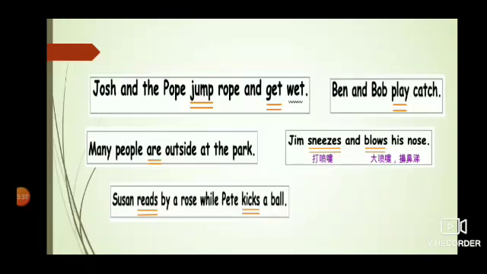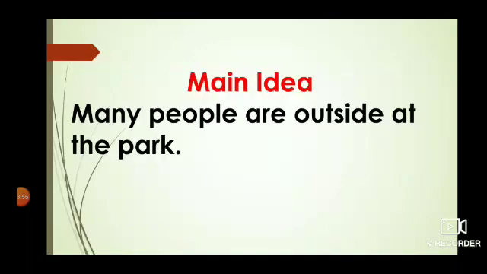So these were our sentences that we needed to put in order. Now we are going to read them and go over them while they are in order. We said the main idea was many people are outside at the park. That will be our first sentence.